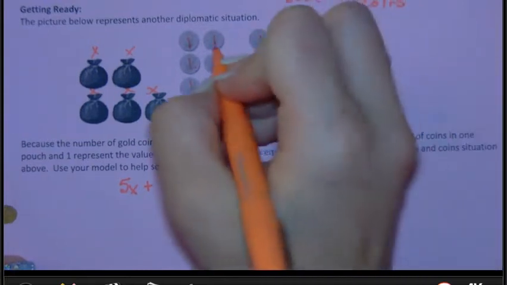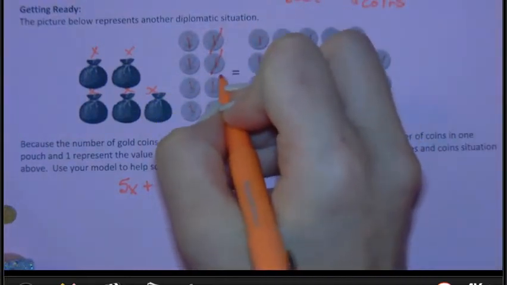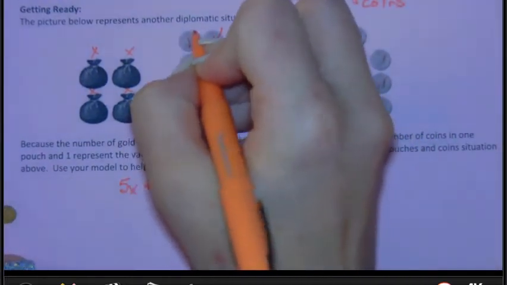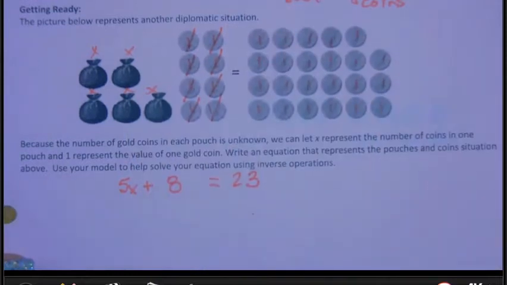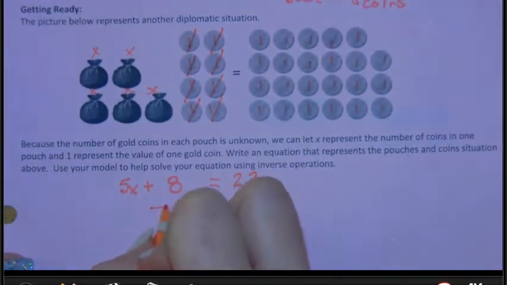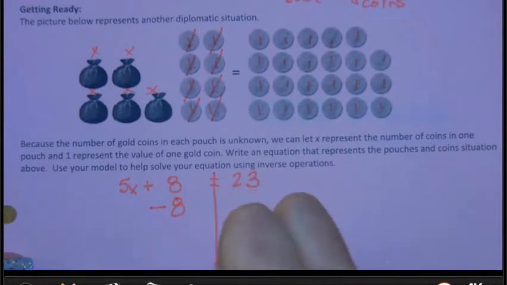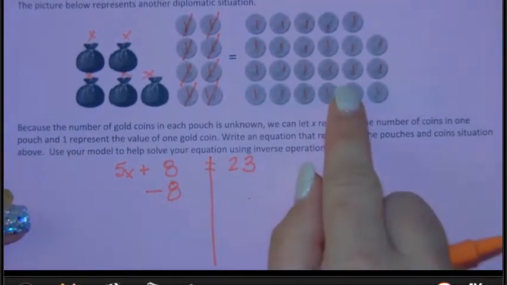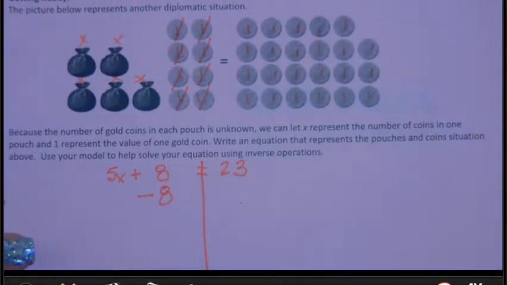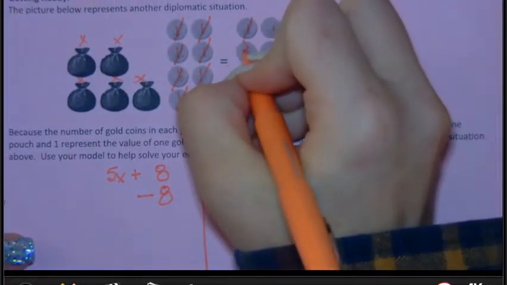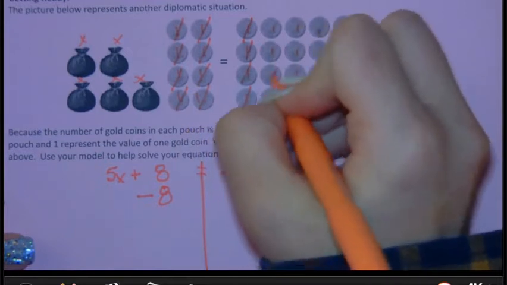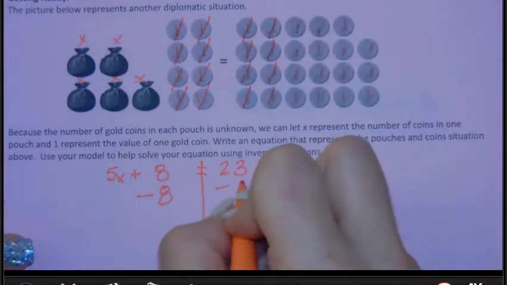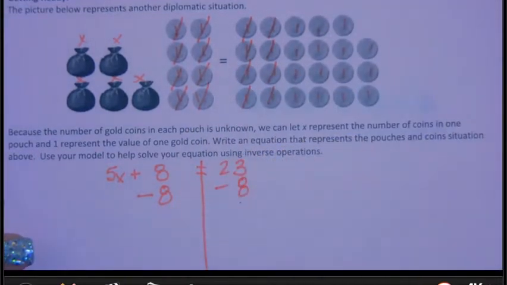So what I would do here is take away 1, 2, 3, 4, 5, 6, 7, 8 coins from the left side, meaning I'm going to subtract 8 on the left side of my equal sign. And what you do to one side, you have to do the exact same thing on the opposite side. So I'm going to take away 8 coins from the right side.